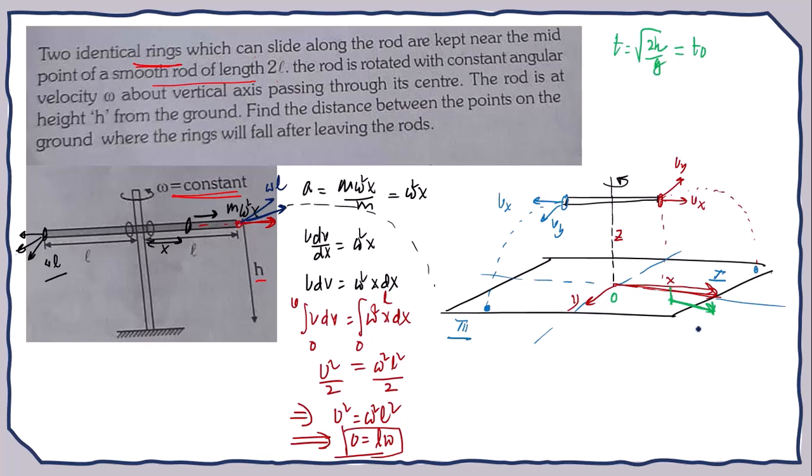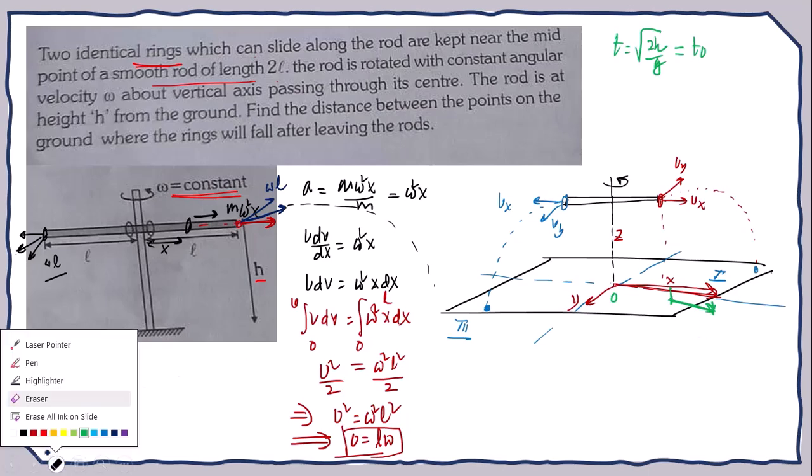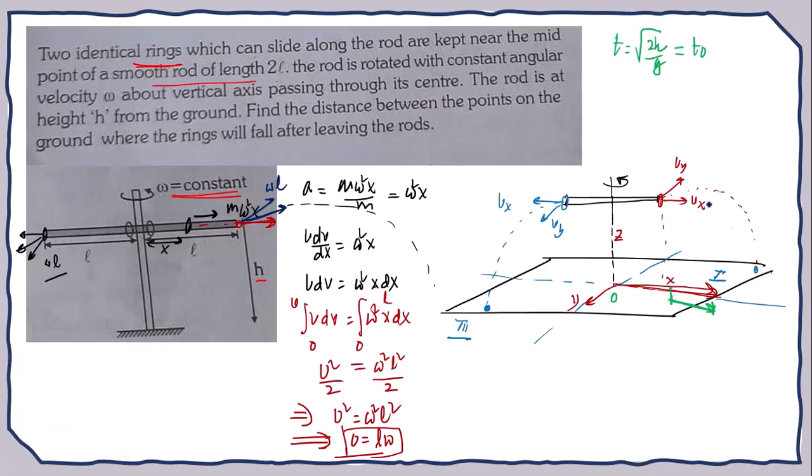Since Vx and Vy are both equal, let us say that number is V0. So that distance is V0 into t0. Similarly, the y coordinate is also V0 into t0 in this direction. So finally, this coordinate can be written by adding that part. This is the x part, which is equal to L.